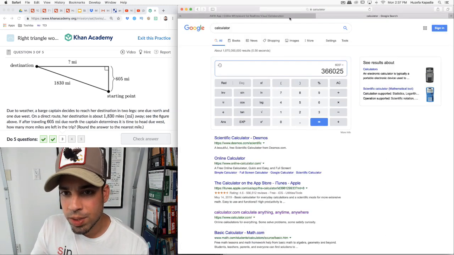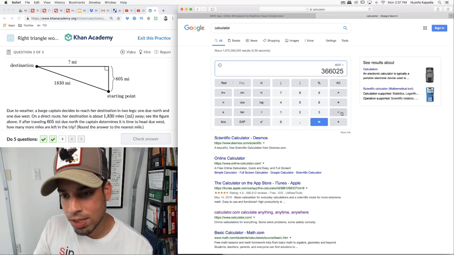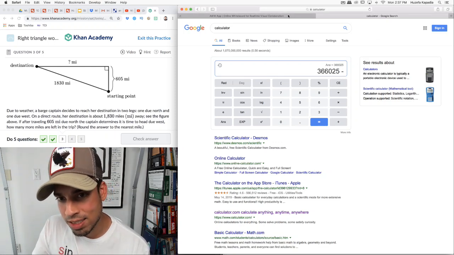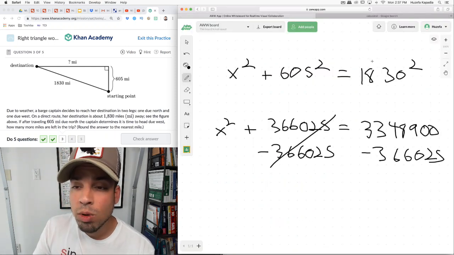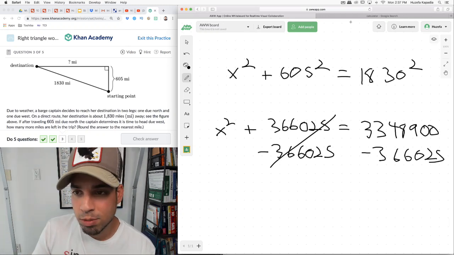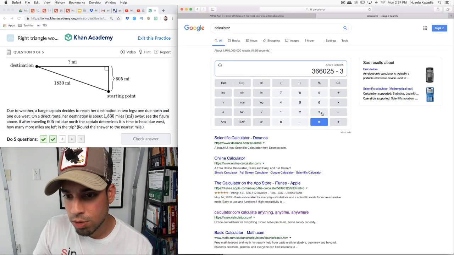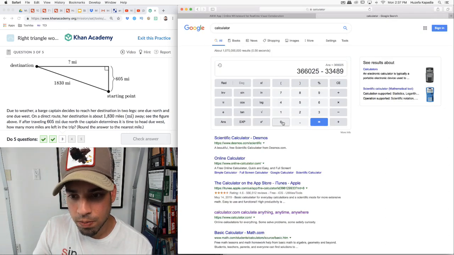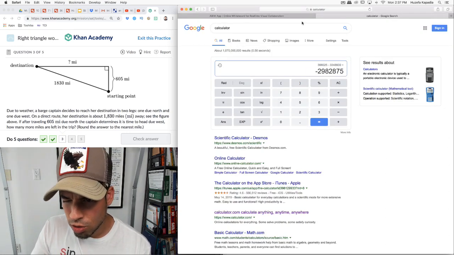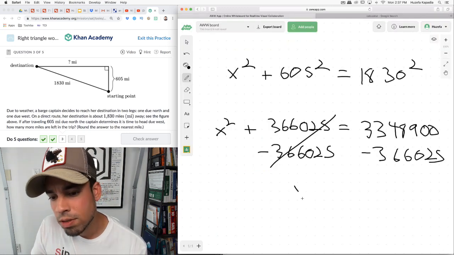Wait, so what I'm going to do, just to save time, is take this minus the bigger number. Doesn't matter, we'll get the same answer. It'll just be negative, and it's supposed to be positive. 3348900 minus 366025, so we got 2982875.